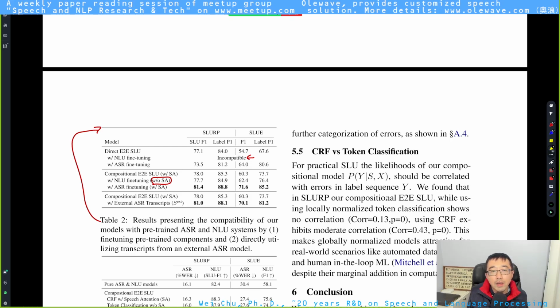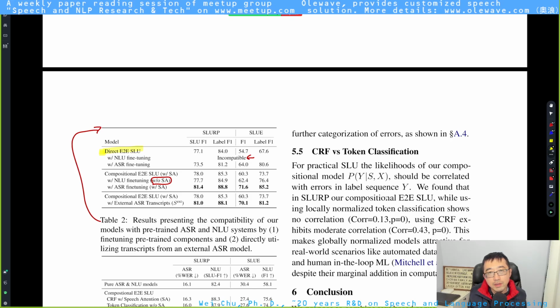Oh, right. It seems that I slightly understand what they meant about the NLU fine-tuning. That probably the incompatible means, so remember that there's probably something between, I think they cannot do this because it's a direct SLU. Direct SLU, they cannot do the NLU fine-tuning.